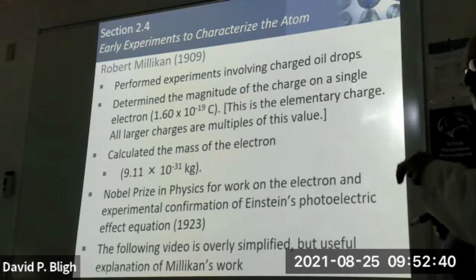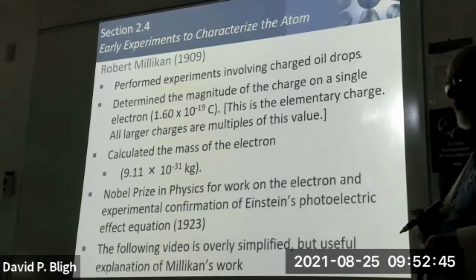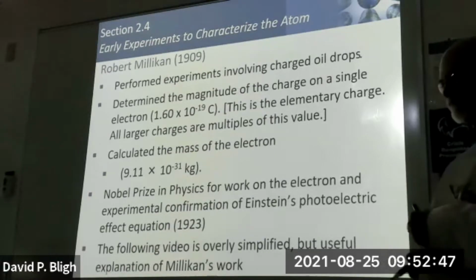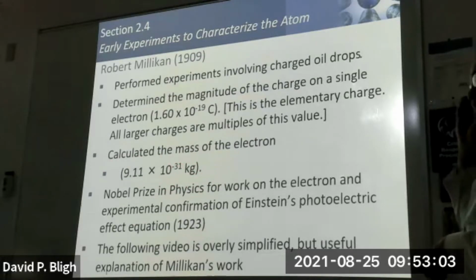And he repeated this experiment thousands of times. It's like he just wasn't satisfied. But eventually, he determined that both the charge on the electron and the mass of the electron was this amount, 10 to the minus 31 kilograms, which is pretty small.